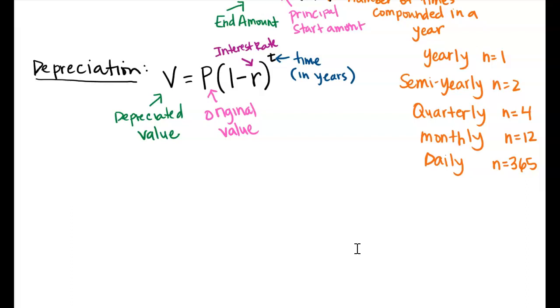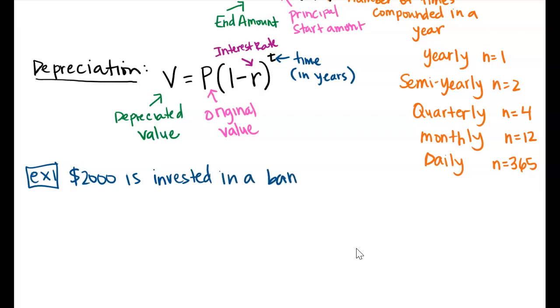And let's say $2,000 is invested in a bank account. Right, it earns 5% interest annually.